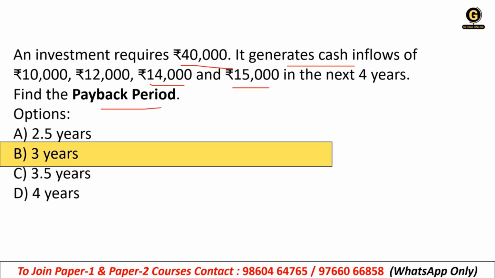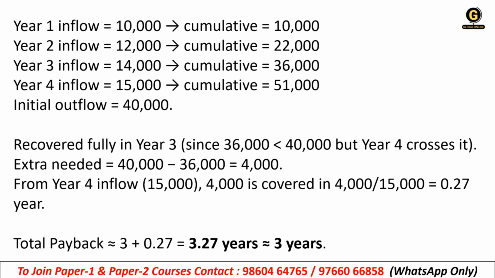First, remember how much we require: 40,000. That means the investment we require is the outflow. In the question, they have given the inflow for 4 years, and we need 40,000 for investment. In the first year the inflow was 10,000, so cumulative it is 10,000 only.